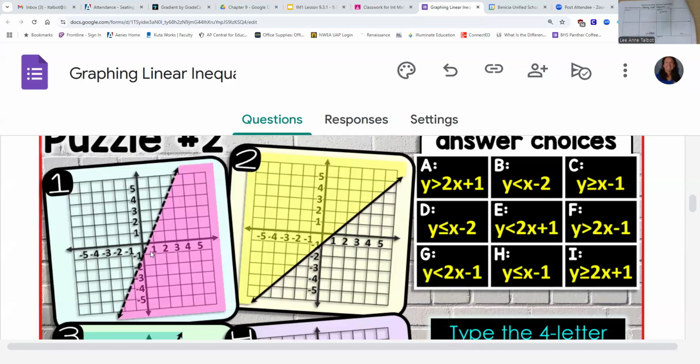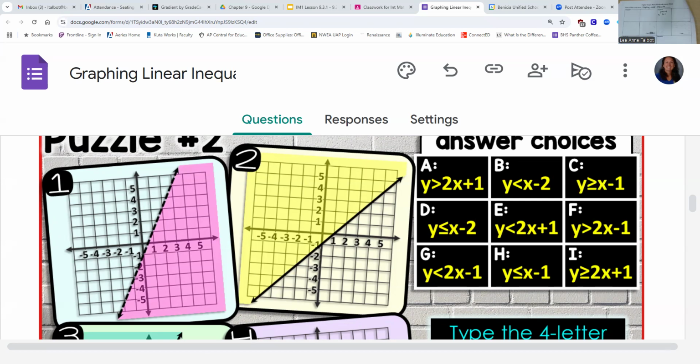Okay, now on number one, what is B? -1. And what is the slope? Okay, so it's going to be 2x minus 1. What are my options? F or G, correct?